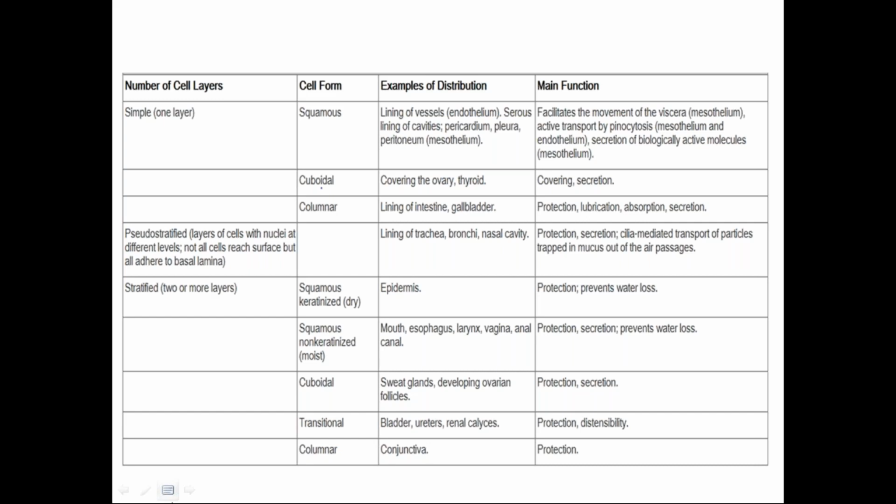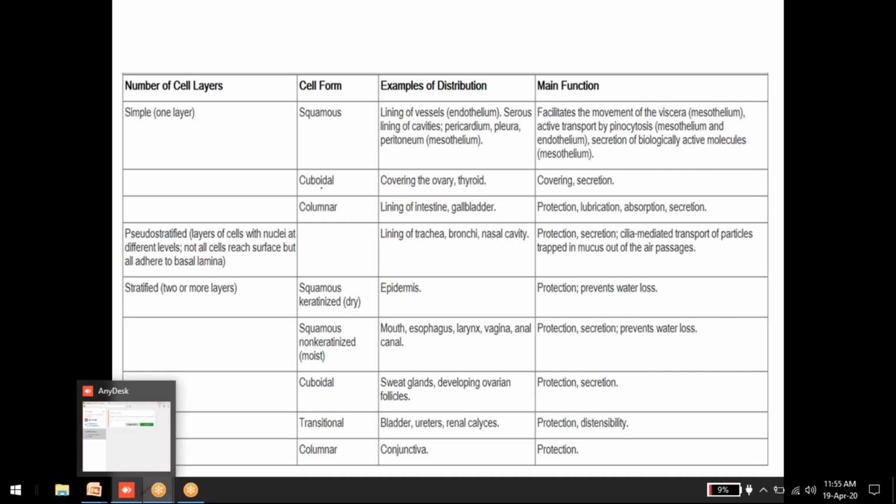Here, not written, but you also have to know because they facilitate the movement of the viscera in case of pleura and peritoneum, and transport by pinocytosis in case of mesothelium and endothelium, and help in exchange in lung alveolus. So this is also present in the lung alveolus because gaseous exchange takes place. So this is very important. Secretion of biologically active molecules, that is mesothelium.